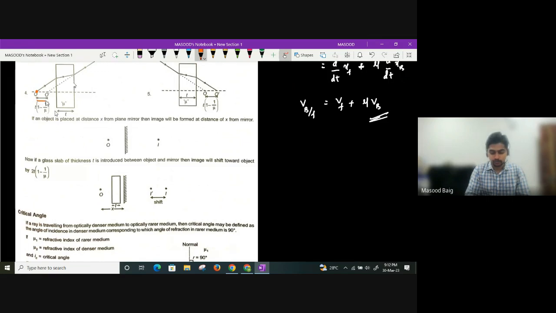The object will move closer to the glass slab, guys. For divergent incident rays falling on the glass slab, the object will move towards the slab, by a distance of t into (1 minus 1 by mu).